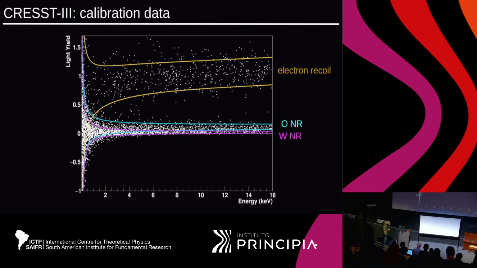Still, you do have some discrimination power, but the spill from the electron recoil into the nuclear recoil is big. Okay, so it's much harder to get a clean sample. So this was a calibration run. This is not what they use for looking for dark matter.